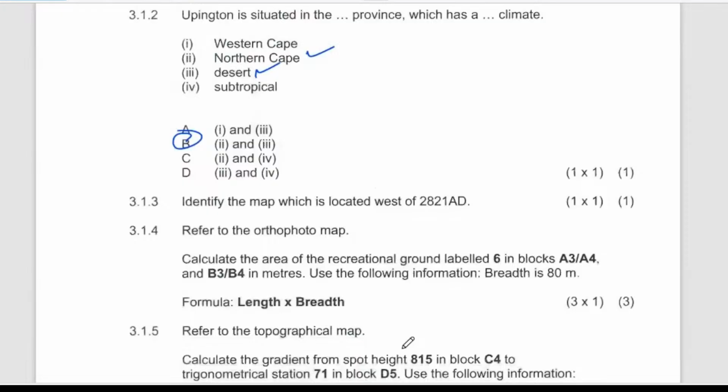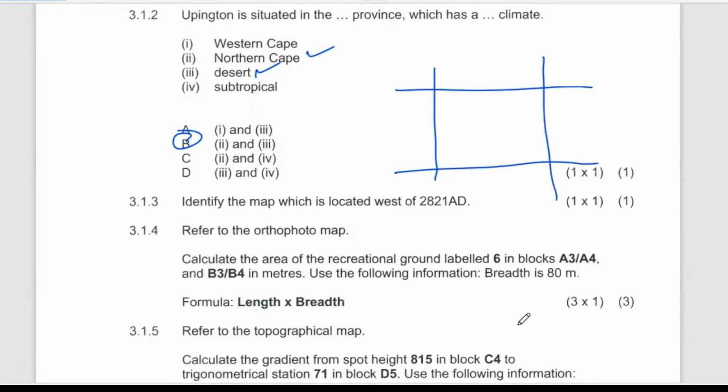Identify the map which is located west of 2821 AD. Here you are doing your map referencing. Remember, we must draw our referencing like that. The 28 is for latitude, which means this is 28 degrees, and this is going to be 29. And this is going to be 21, and this is going to be 22. In this block we have subdivisions of our map.